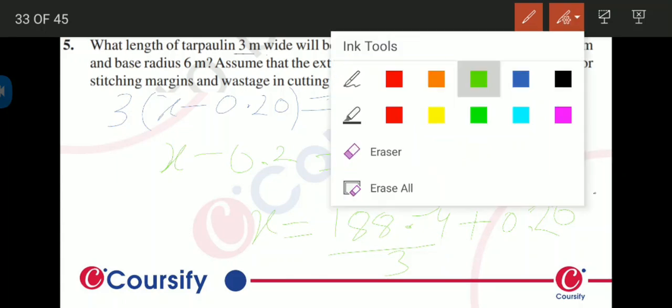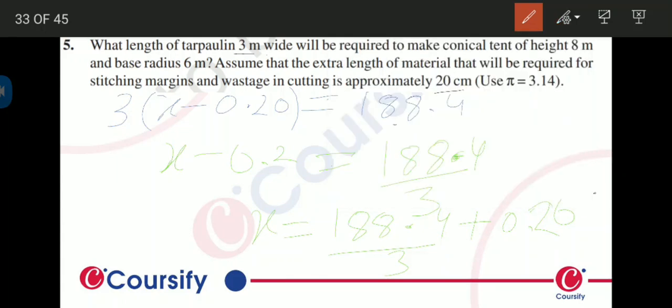So our total length x will come out to be 63 meter.